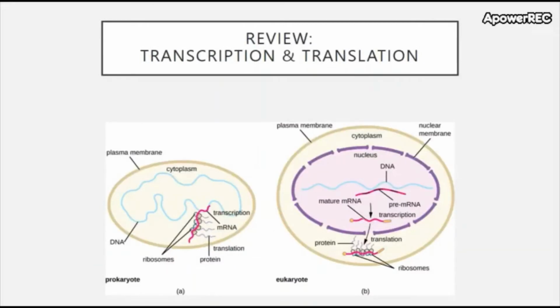So there are some minor differences between how eukaryotes and prokaryotes do their transcription and translation. With eukaryotes, it's a little bit more complicated because they make first a pre-mRNA transcript, and this pre-mRNA, as we previously discussed, needs to have a post-transcriptional modification.